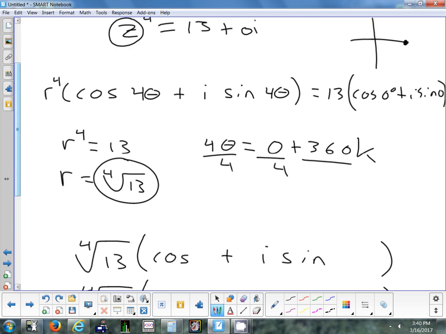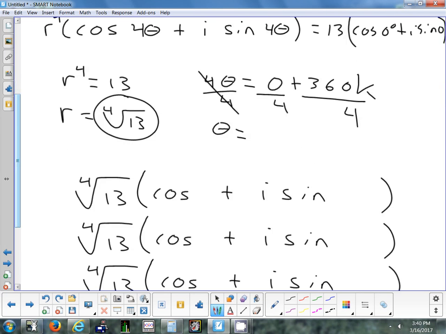So in this case, the 0 doesn't really make a difference, but if we had a number there that wasn't 0, it would. So theta equals what? And to get your 4 answers, what values will you let k equal? 0, 1, 2, 3.